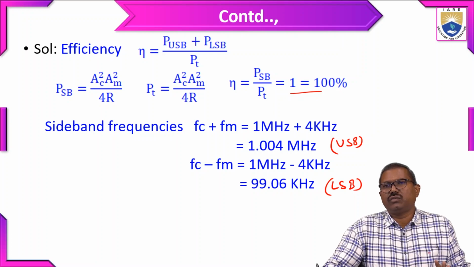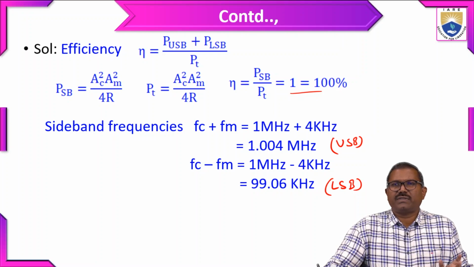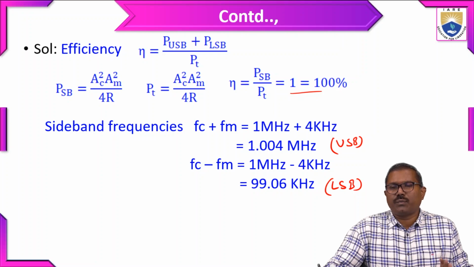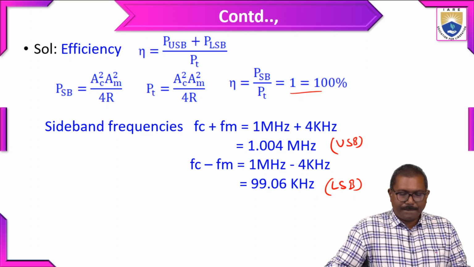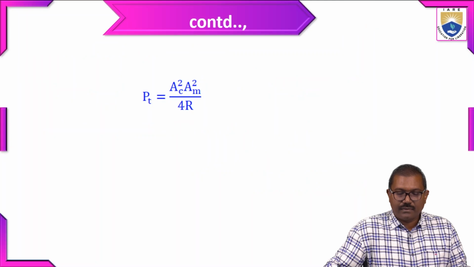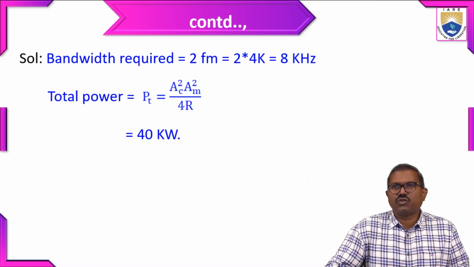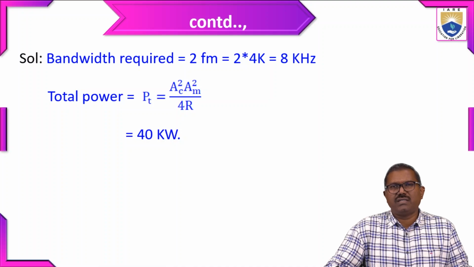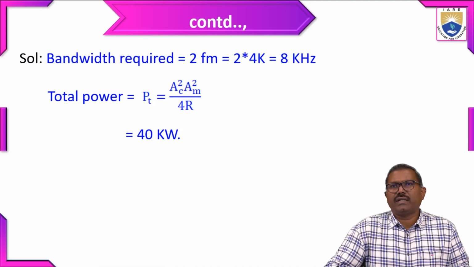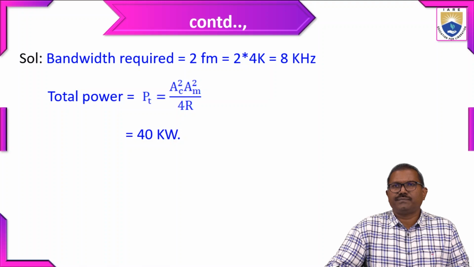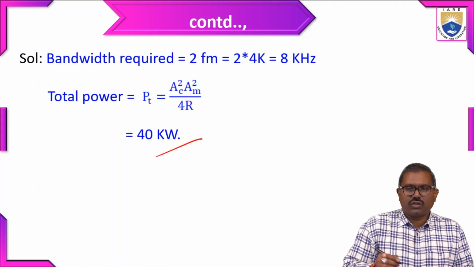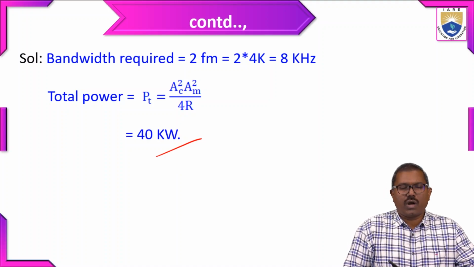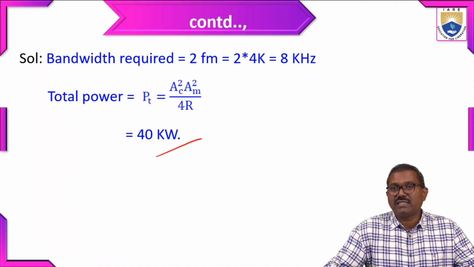Substituting all this, you get the upper sideband is equal to 1.004 megahertz and the LSB is 0.996 megahertz. And the bandwidth required is 2 fm, 2 into 4, 8 kilohertz, and total power is Ac square into Am square by 4R. Substituting all these values, you get total power is 40 kilowatt. So that's why the calculator is a must.